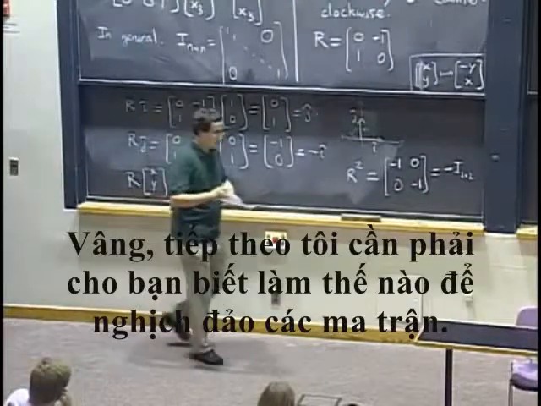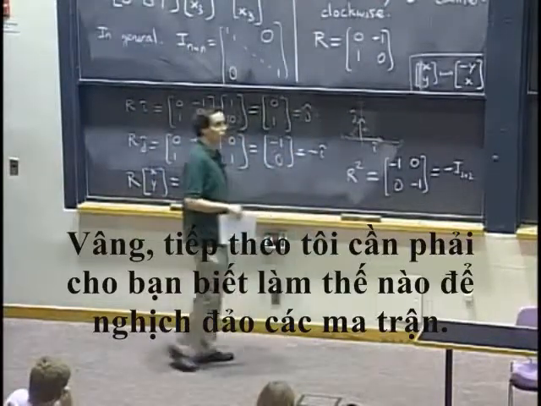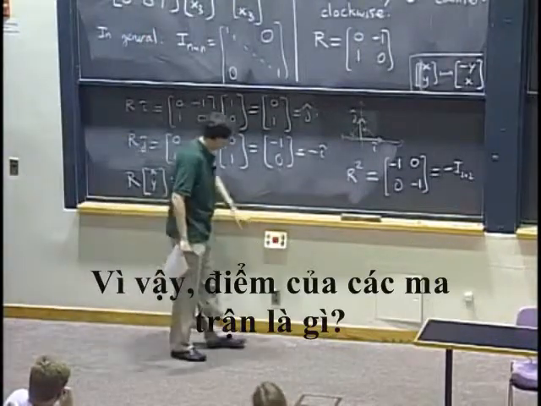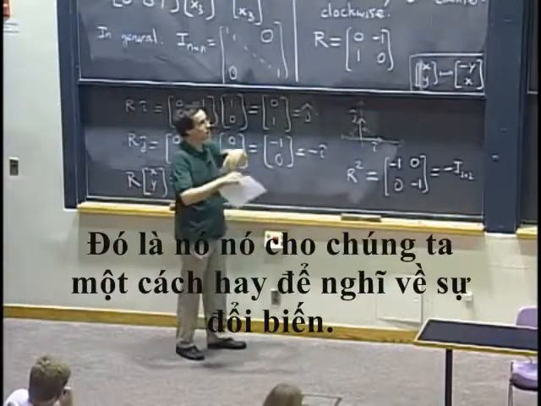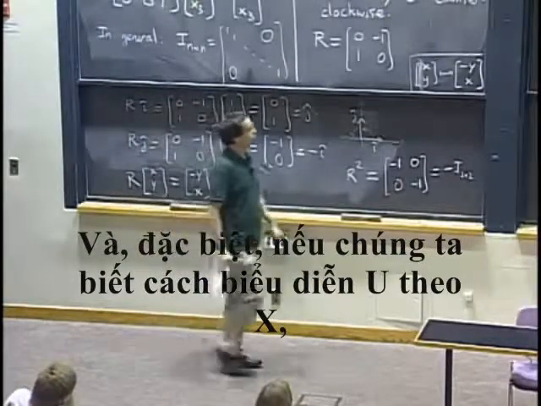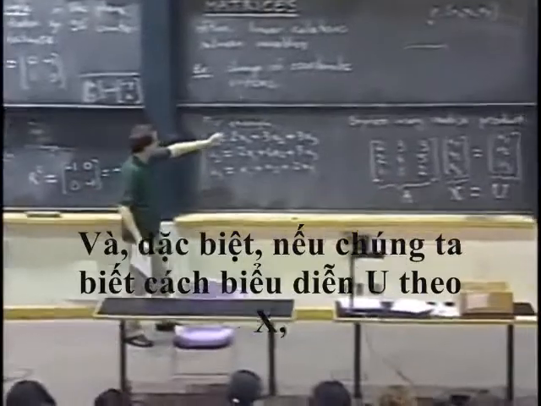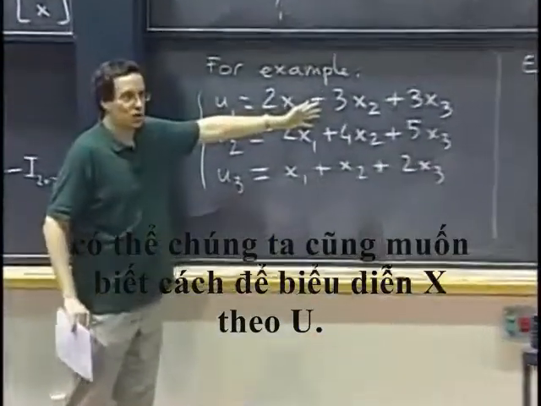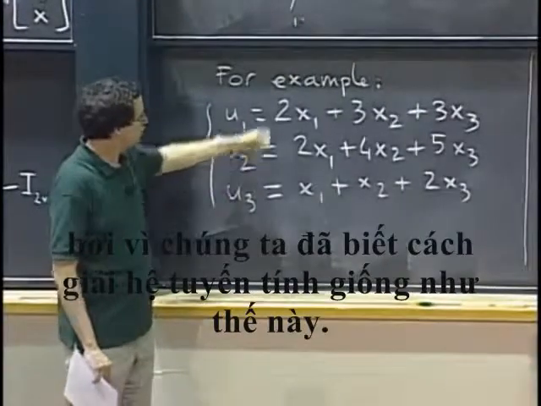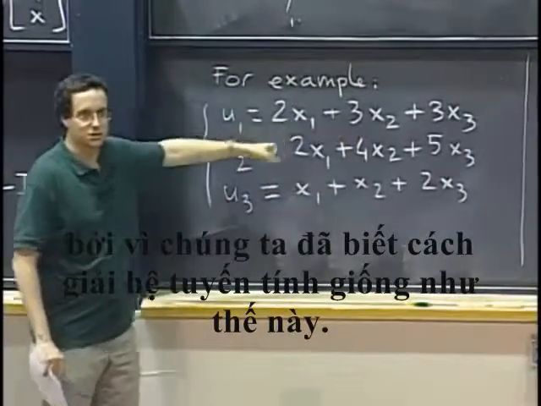Okay. So next, I need to tell you how to invert matrices. So what's the point of matrices? It's that they give us a nice way to think about these changes of variables. And in particular, if we know how to express u in terms of x, maybe we'd like to know how to express x in terms of u. Well, we can do that because we've learned how to solve linear systems like this.